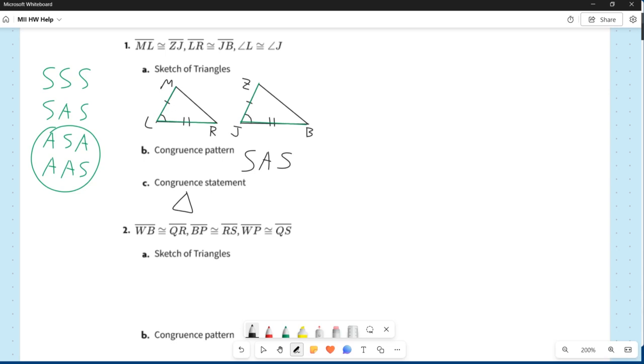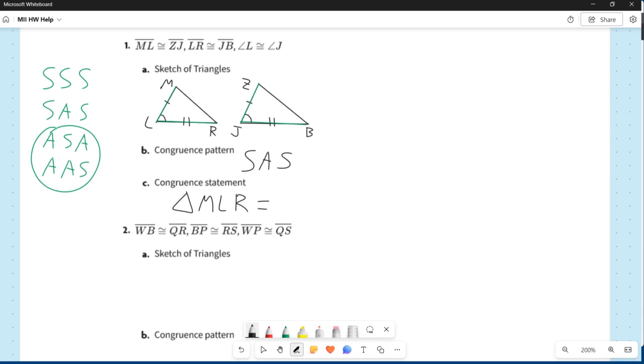So for the triangle on the left, I basically just have to pick some order for the three letters, M, L, and R. So I'm just going to write them in that order, M, L, and R, and that ordering is quote unquote random. Maybe when you did this problem, you used a different order for the first triangle, and that's okay. There's nothing really special about the order M, L, R. That's what I chose to do.